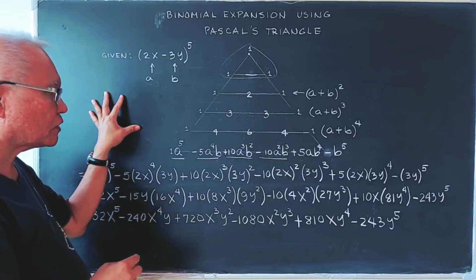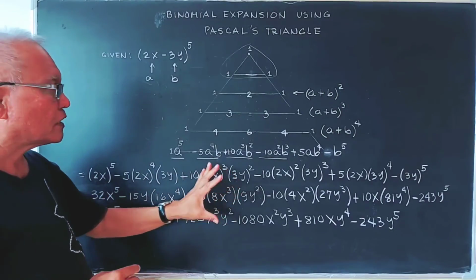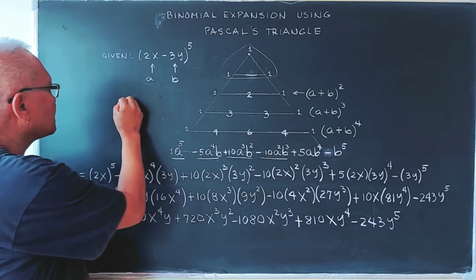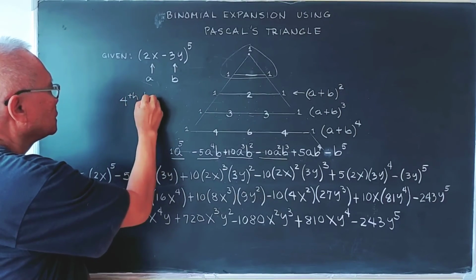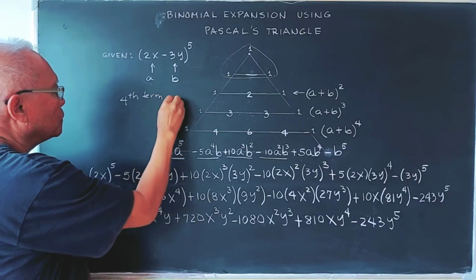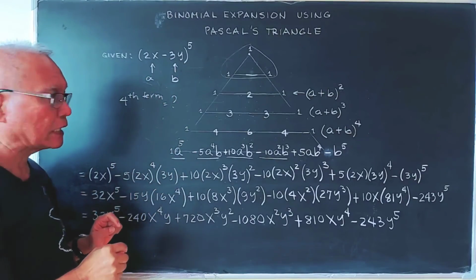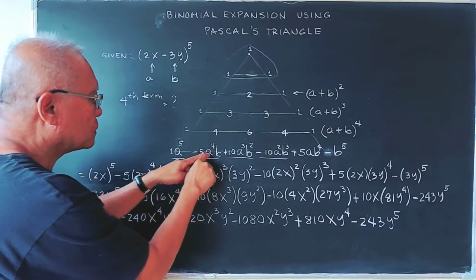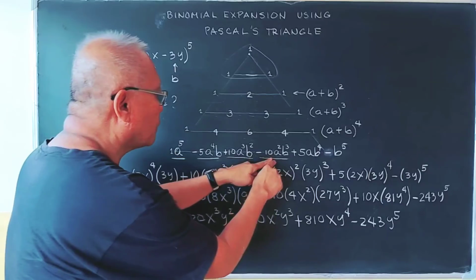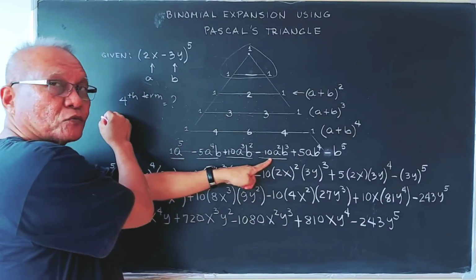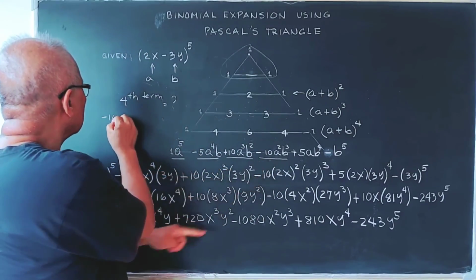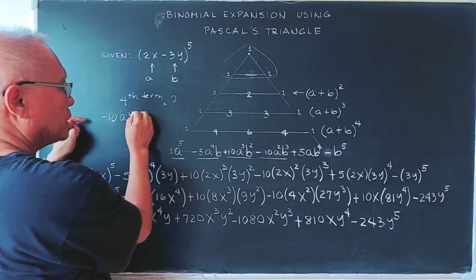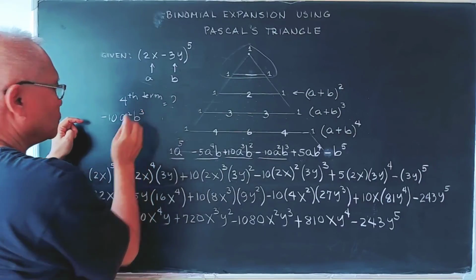Sometimes the question is, you're not going to expand anymore, but they are going to ask you what is, for example, what is the 4th term of this binomial, fourth term. So the fourth term here is 1, 2, 3, and 4. So that you just copy this one, minus 10, and then a squared b cubed.